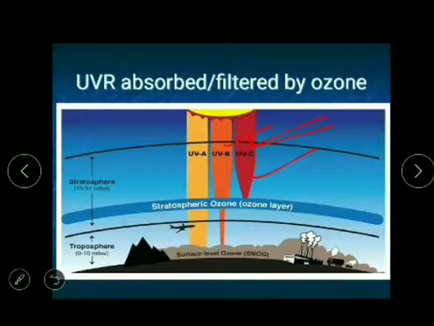Also, for example, we can synthesize vitamin D in presence of ultraviolet A, and there are many other functions of this ultraviolet A for the living organisms. Okay, so this ozone protects us. It filters the ultraviolet rays, it absorbs the ultraviolet rays, so it is a protective layer for us.